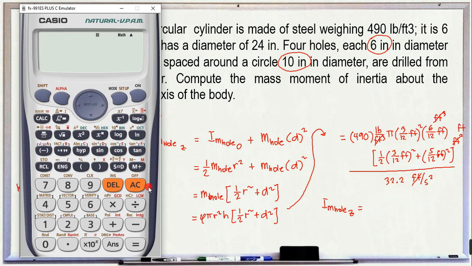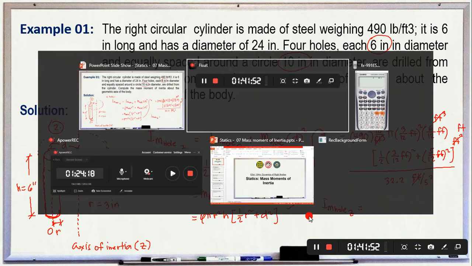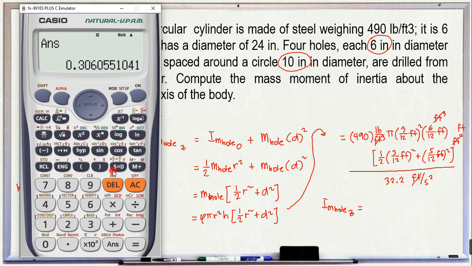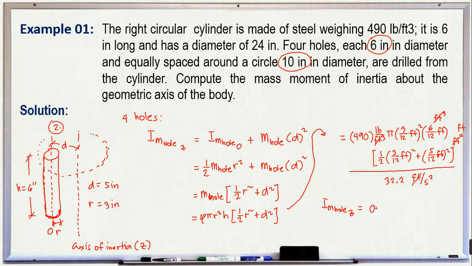Okay, going back to our calculator, that is right. Again, our answer is 0.306. So let's write it: we have 0.306 pound foot second squared. Again, this is only for a single hole.